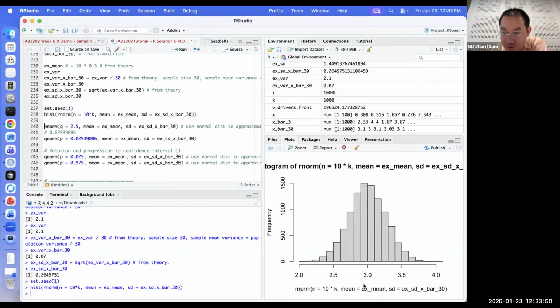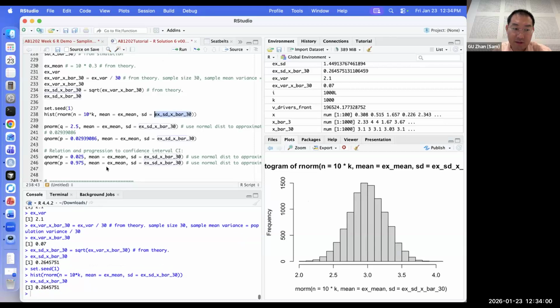So 3 is here, 2.5 is here. This is a sampling distribution because we are using the SD of 0.2645, which is the square root of 0.07. So this is using a normal distribution to approximate the sampling distribution of the mean.